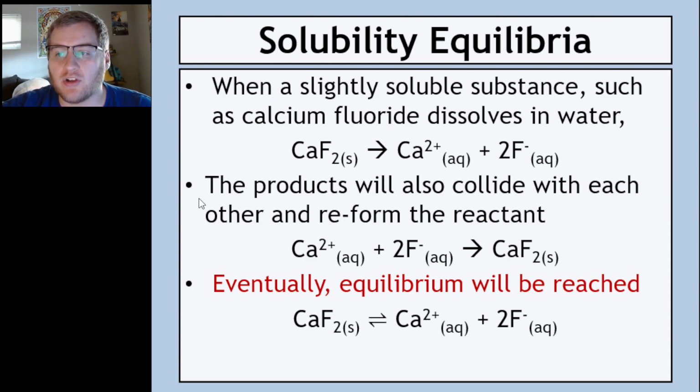The products also collide with each other and reform their reactant. The calcium and fluoride collide into each other, making more of the solid salt. That's a fancy way to say that there's an equilibrium. CaF2 solid, because it doesn't dissolve 100%, it's not a completely soluble salt, will exist in an equilibrium with its 2 ions.